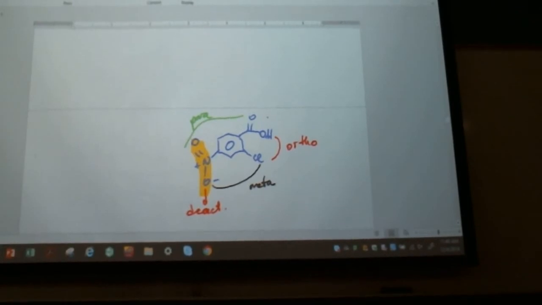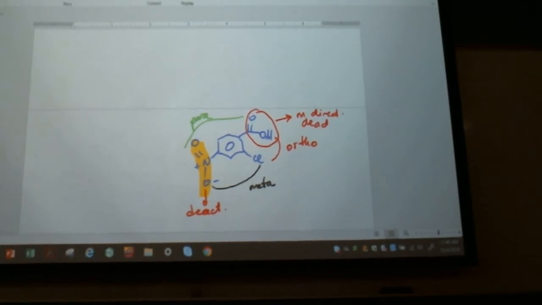Now this is activating again as well. So this is a meta director and deactivating. This is an ortho para director and deactivating. And this is a meta director and deactivating.